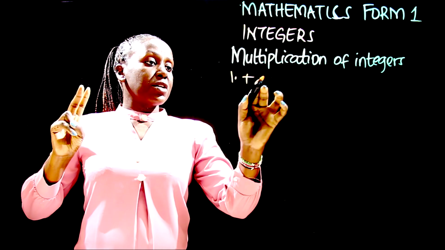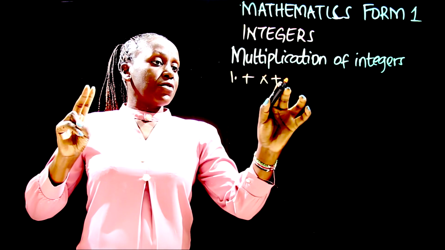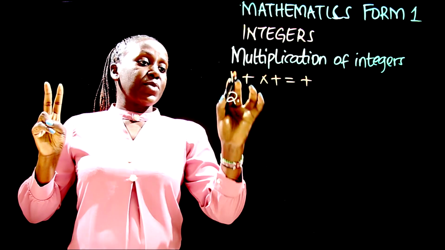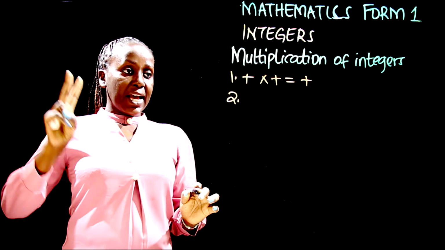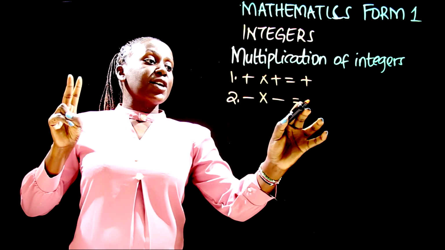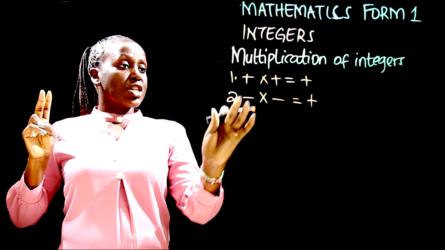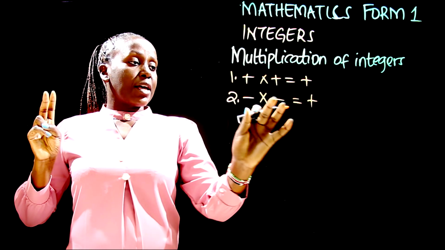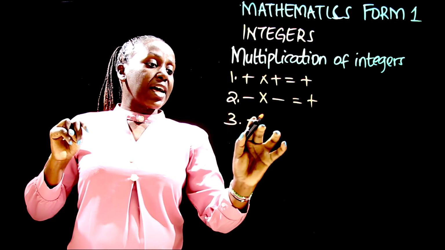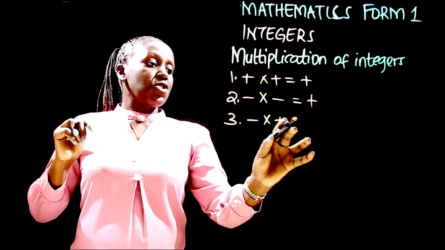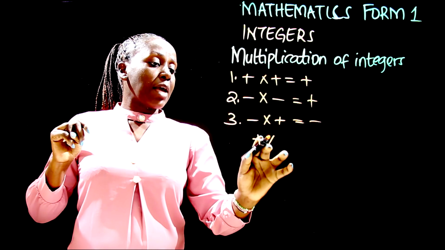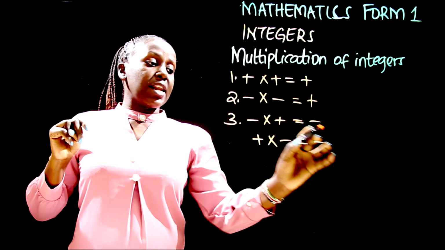Number 2, a negative times a negative is equal to a positive. So notice when the 2 signs are the same, we get positive as the answer. But now, when you have a negative times a positive, you get a negative. Or positive times negative, you still get a negative.